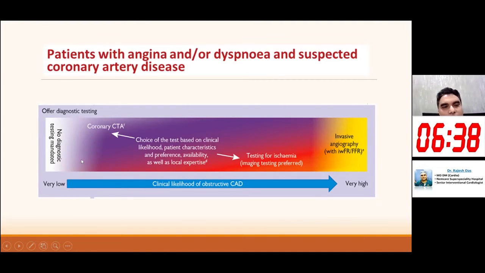On the other hand, if the pretest likelihood is very low, suppose a very young female patient presenting with very localized precordial pain, that means there is very low clinical likelihood of obstructive CAD. We should not advise any diagnostic test, whether invasive or non-invasive.